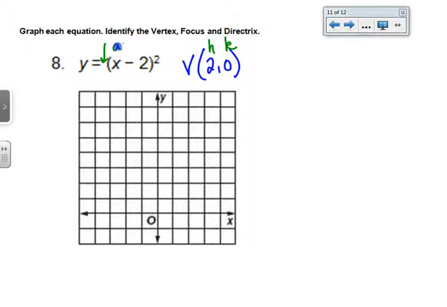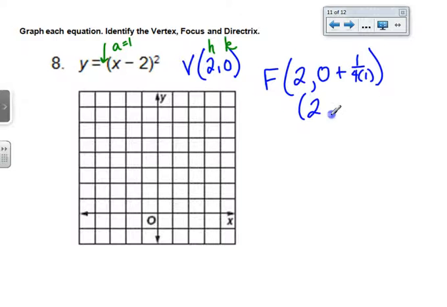Hopefully you notice that the a value is just a measly little 1 today. So for the focus point, it's got the same h value, and then k plus 1 over 4 times the a value. So if I simplify that, 0 plus 1/4 is just 1/4. So that's your focus point.